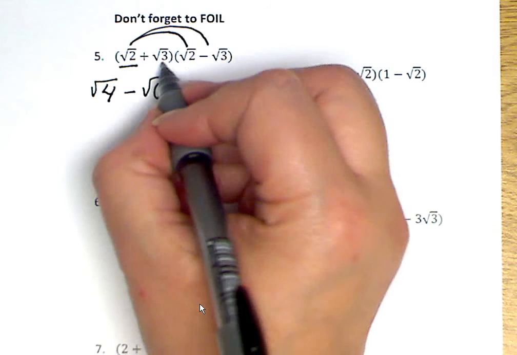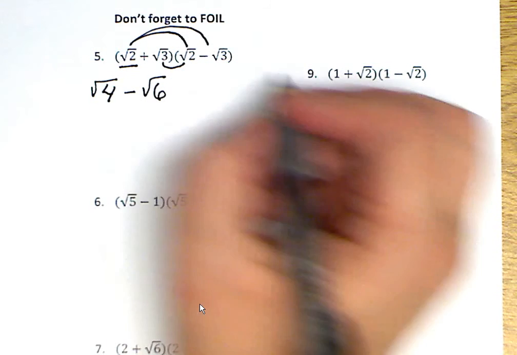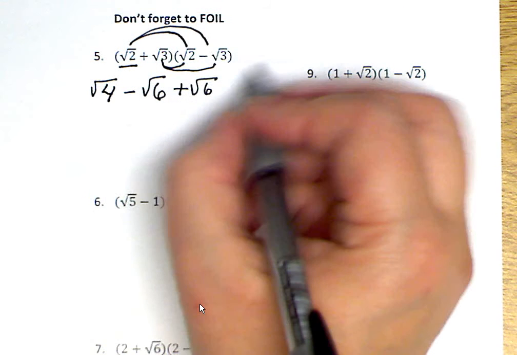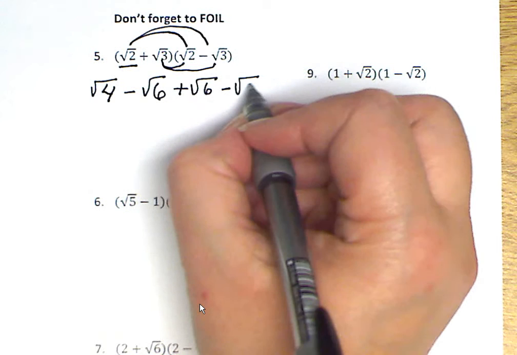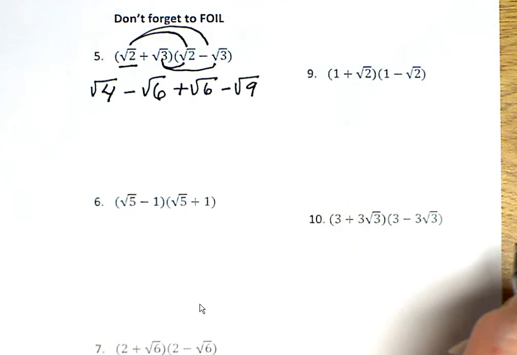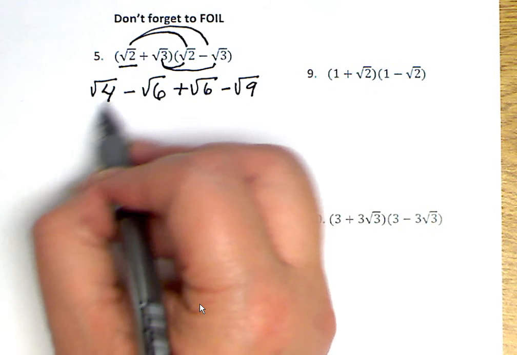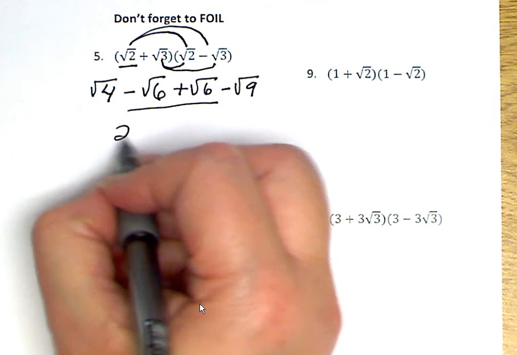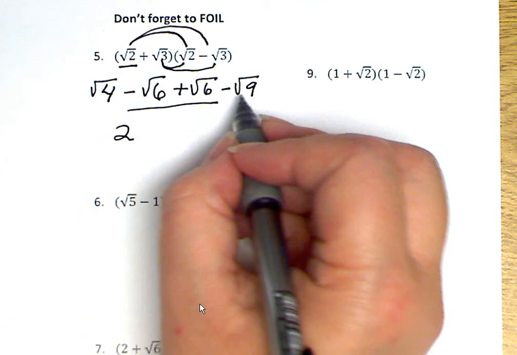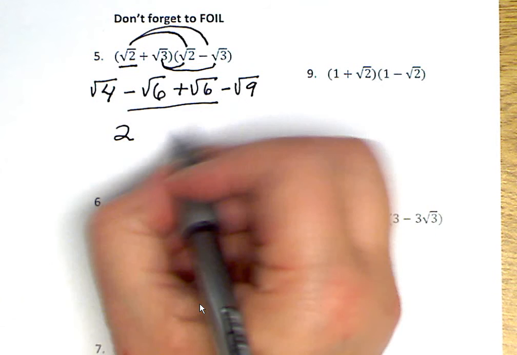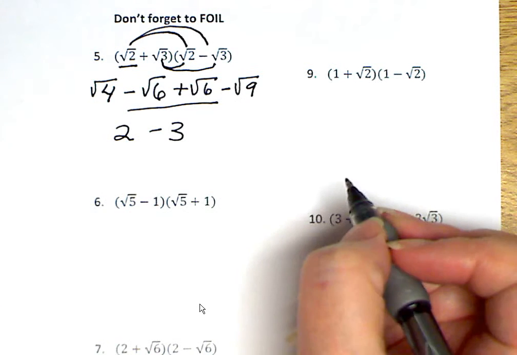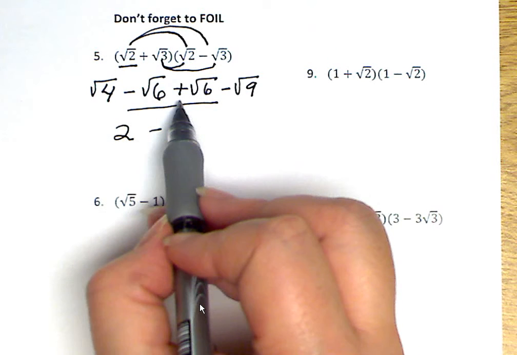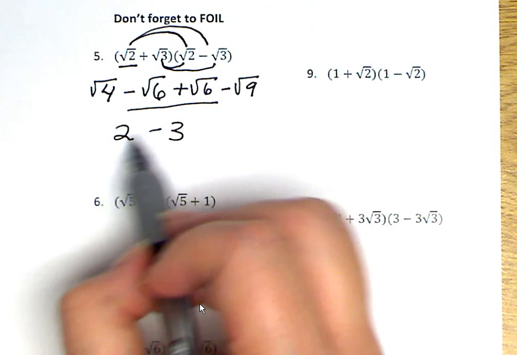Inner is positive square root of 6. And last, negative square root of 9. So we have square root of 4, which is 2. This is gone. And then we have minus 3. So the negative square root of 6 and the square root of 6 cancel out. That's correct. So 2 minus 3 gives me a negative 1.